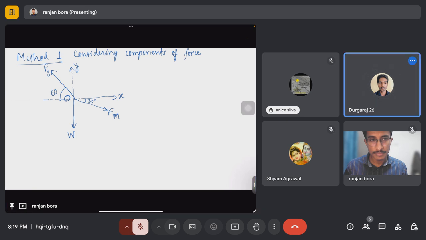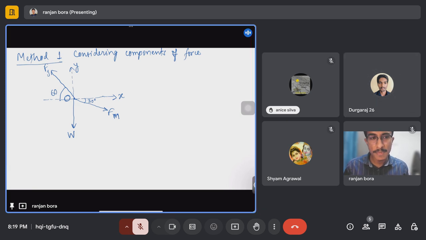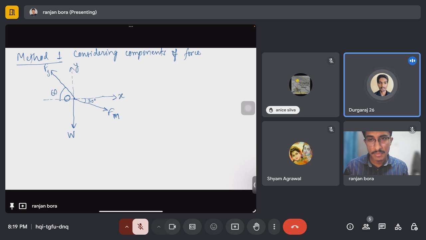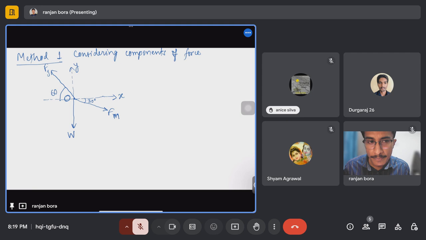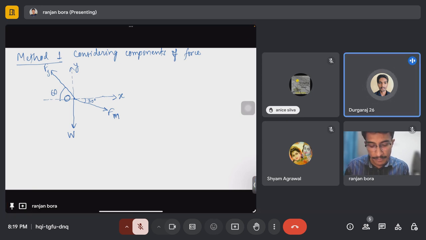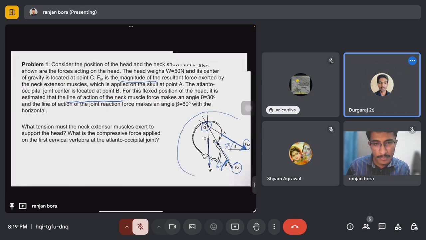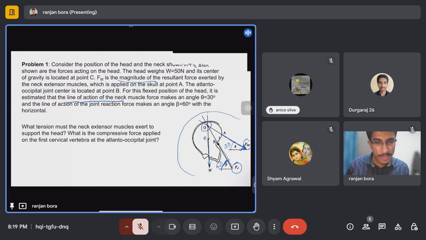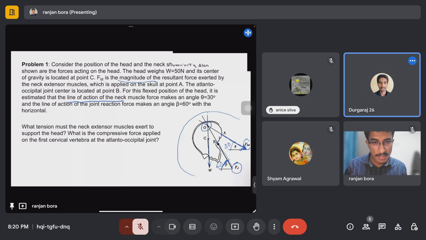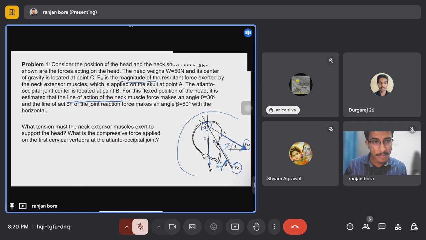No, sir. Which part didn't you understand? Fm was upward, right? In the previous diagram, in the free body diagram, Fm was downward. So Fm is downward, and Fj is upward, at an angle of 60 and at an angle of 30.